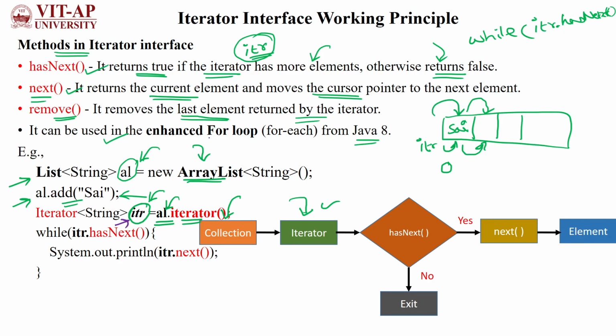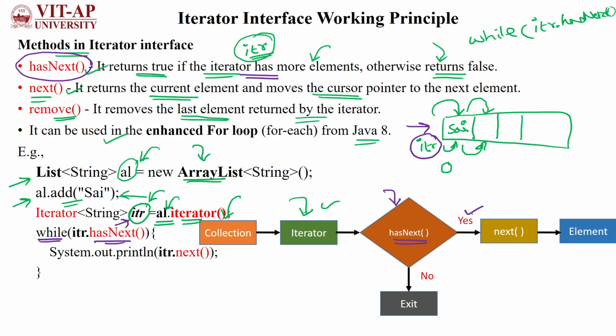Then inside the while loop, as per this procedure, the while loop is using the hasNext method, which returns true if the iterator has any elements. Yes, as of now the iterator has elements, so it checks whether elements are available by using hasNext.